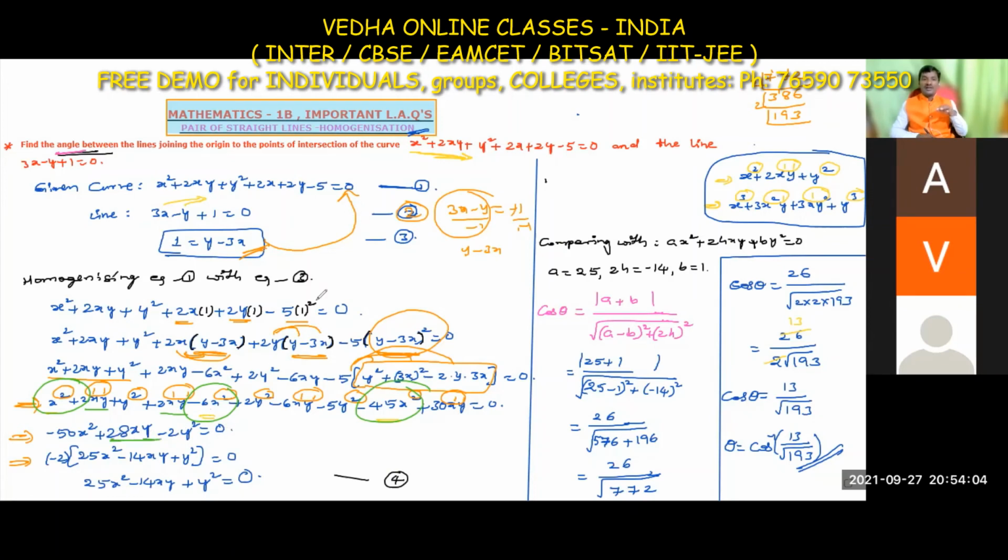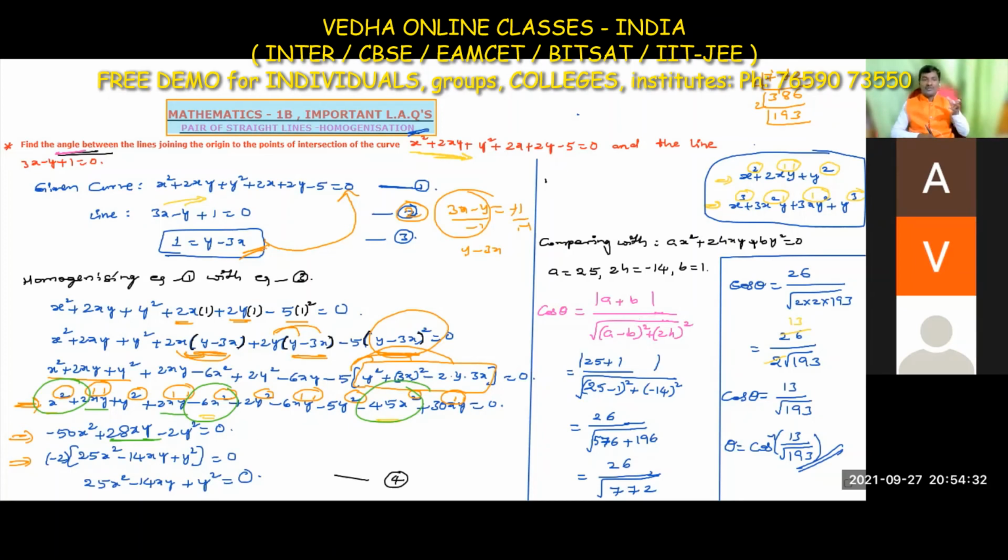And after that, adding the y square terms: 1y square and 2y square, 3y square, and after that minus 5y square, right? So 3 minus 5 means minus 2y square. Here we can take minus 2 common in all the terms, so that simplification becomes easy.